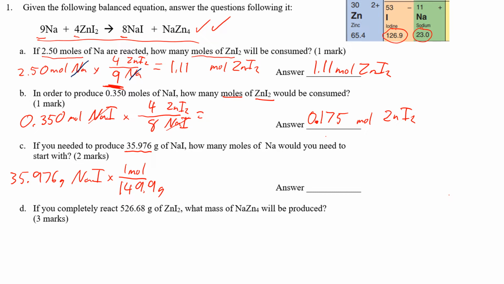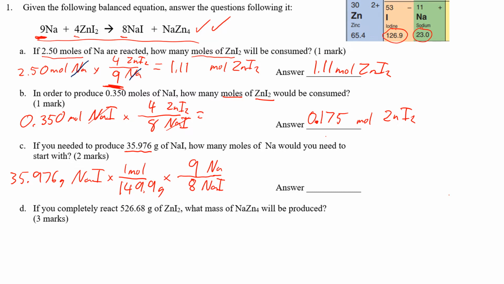So if it's in moles, now I can go through my molar ratio and say that I want NaI gone and Na up here. I look at Na, it's 9. NaI is 8.